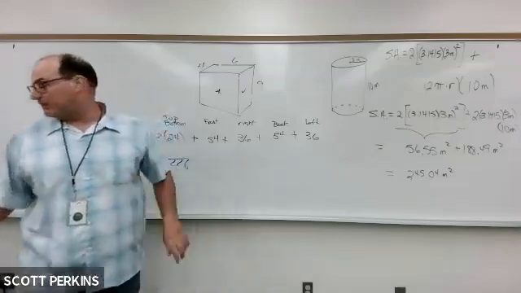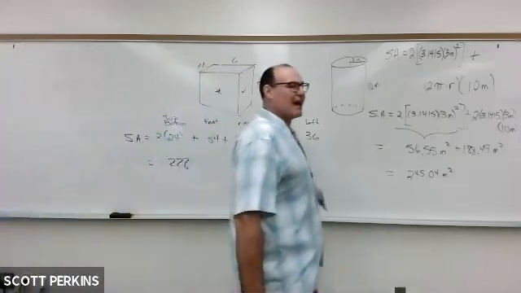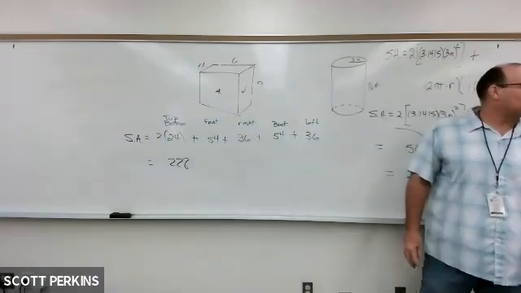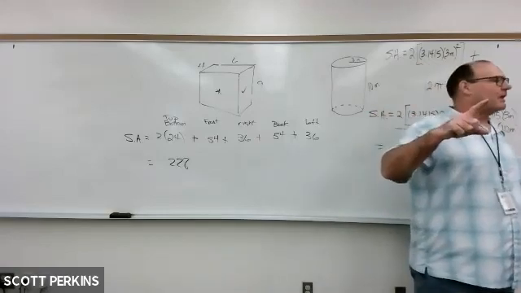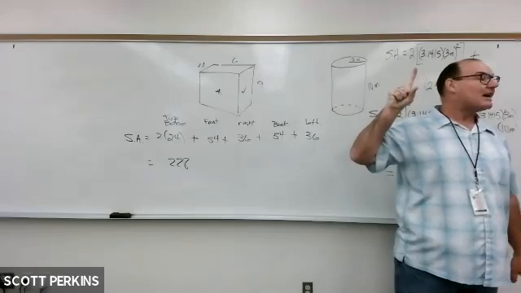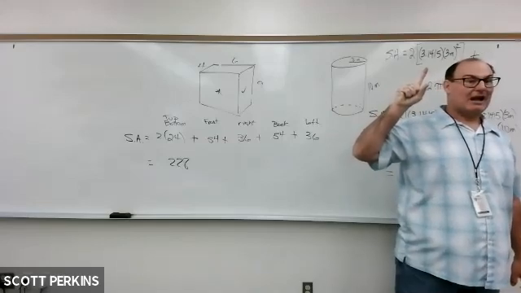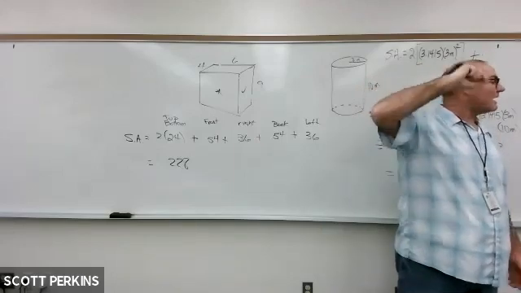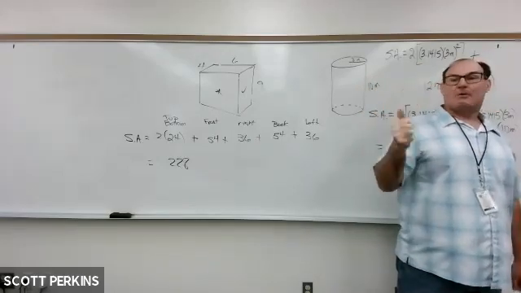So before I let you go, let's just recap because I know today was formula intensive. It's not generally the way I like to do it. So let's start. Volume of a prism in general. What's the volume of any prism? It is the area of the base times the height of the prism. Okay. A pyramid.